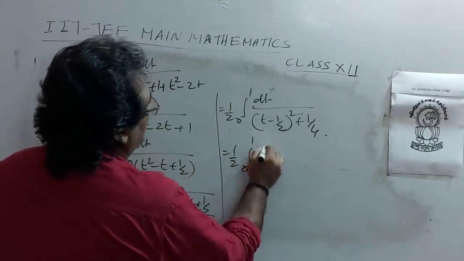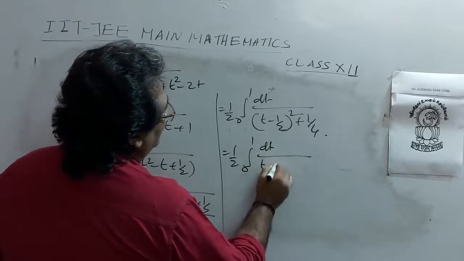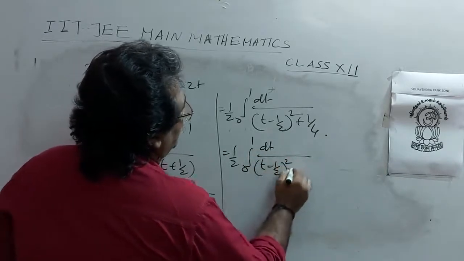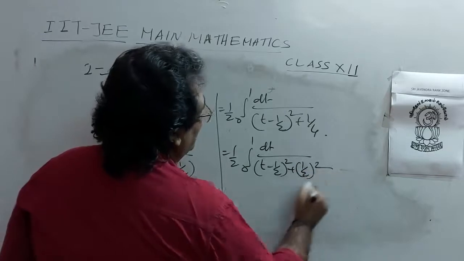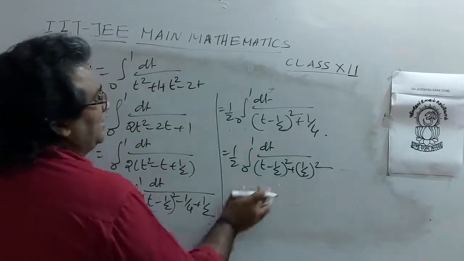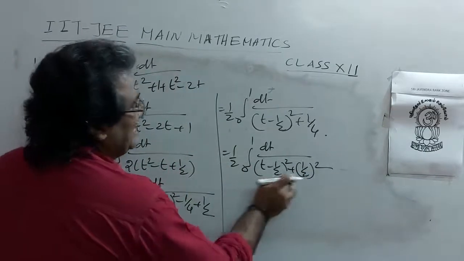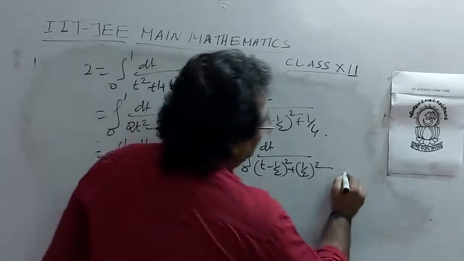That is 1 by 2 integral 0 to 1 dt by t minus 1 by 2 whole square plus 1 by 2 whole square, which is of the form dx by x square plus a square.